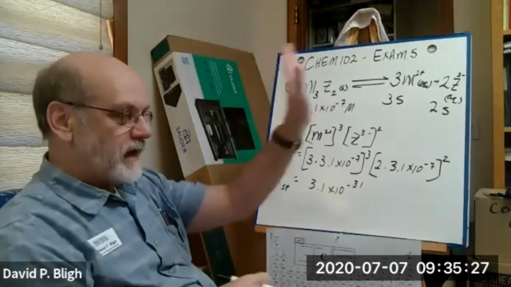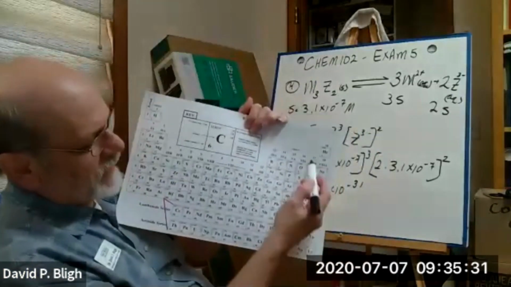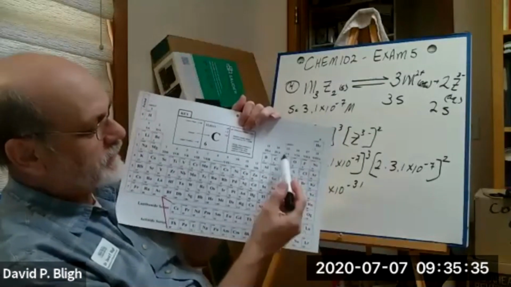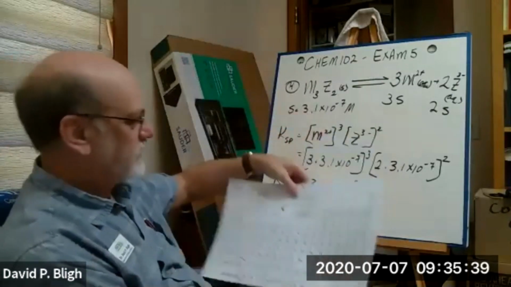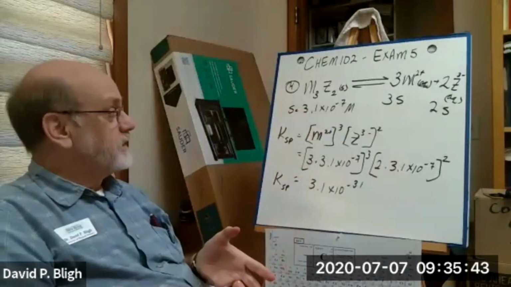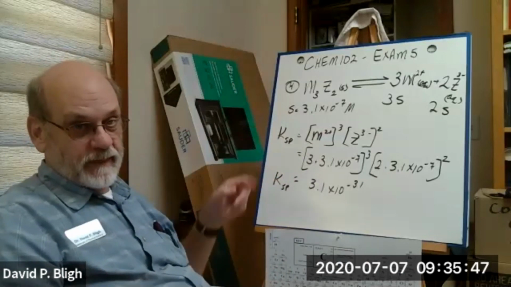Because halogens are -1, chalcogens are -2, pnictogens are -3 when they're by themselves. Now, if it was a polyatomic ion, my guess would be phosphates.